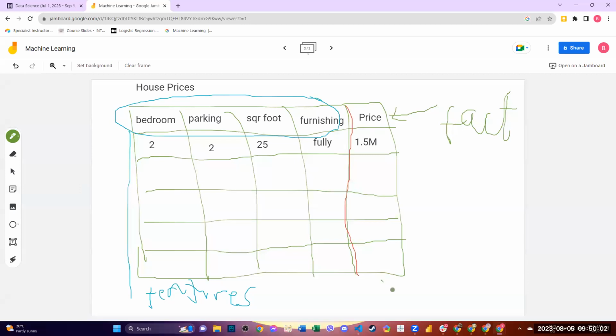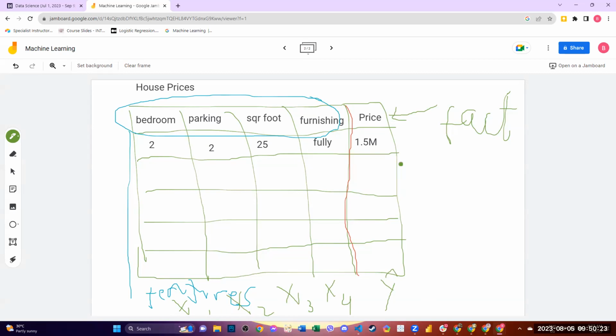So we can provide y, and these are the x features: x sub 1, x sub 2, x sub 3, x sub 4. And this is the y prime.